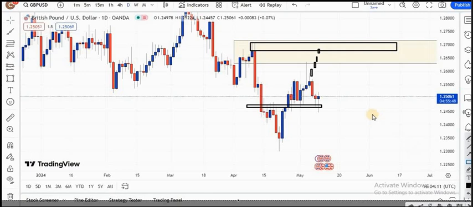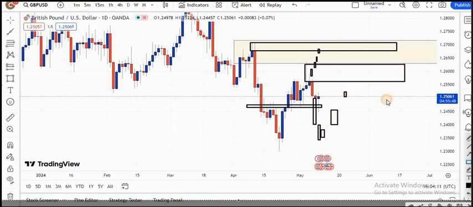So that was one of the reasons why I said, and last week I analyzed it, that when the market breaks to the downside like this, it becomes bullish on daily time frame. So when it retraces back to this liquidity pool on daily time frame, this will be our entry according to the last week analysis.